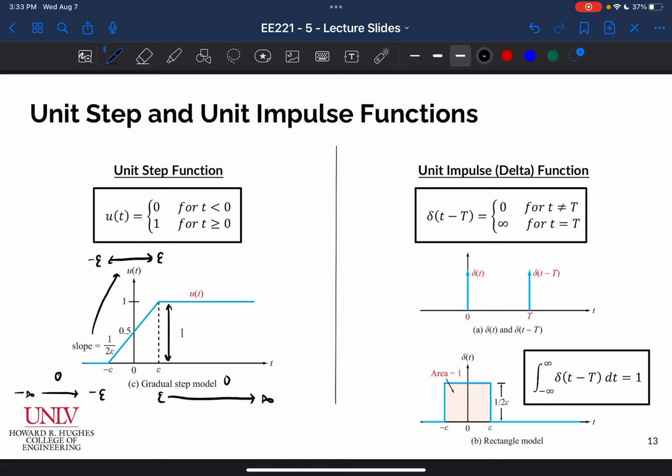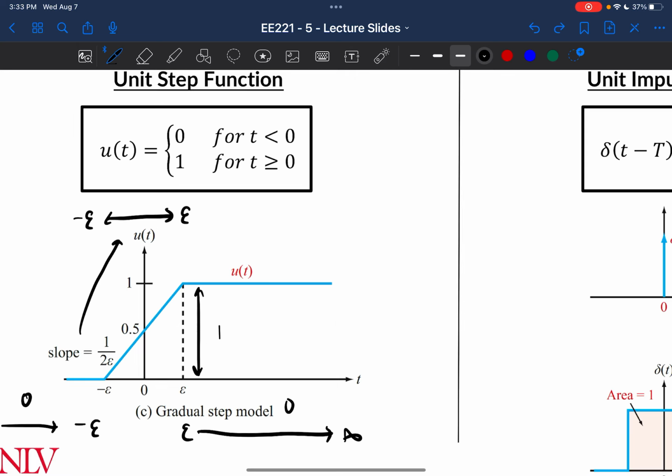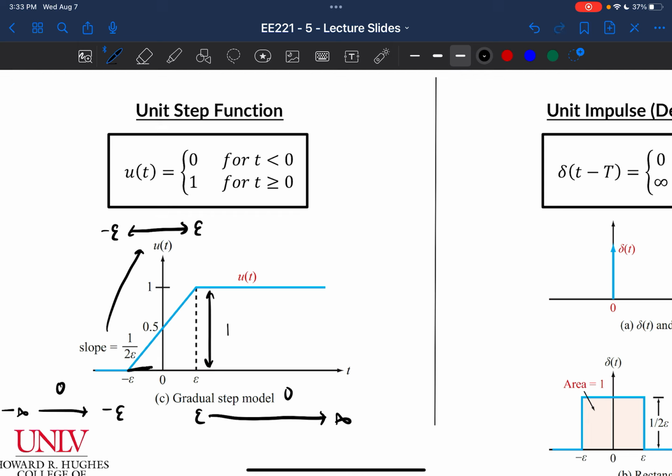And so, again, as we talked about, if that epsilon value gets really, really tiny, we're not only making this rising edge a lot faster, but we're also making this slope a lot greater, because the slope is 1 over 2 epsilon. If epsilon gets small, then the slope gets really, really large until the ideal case, which is infinite slope right at this point.